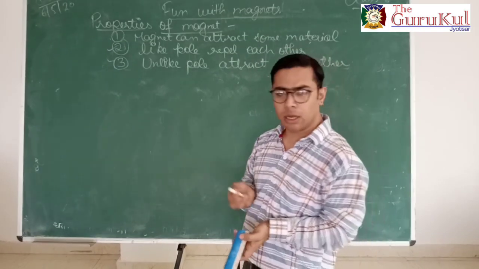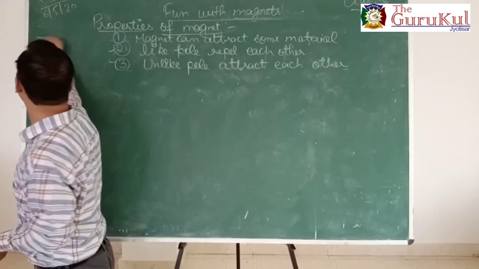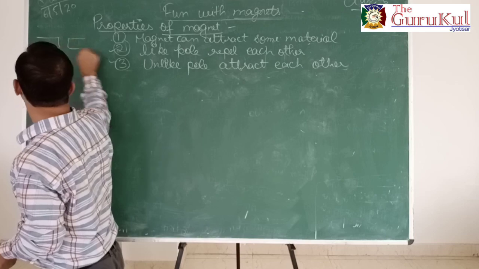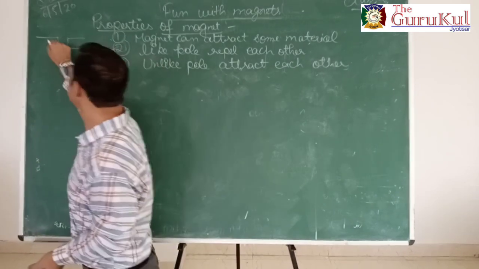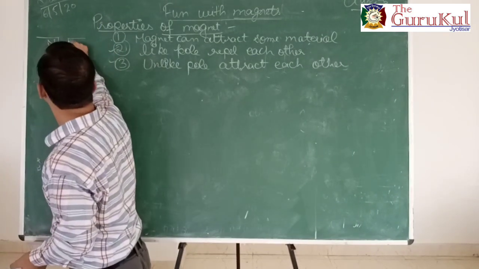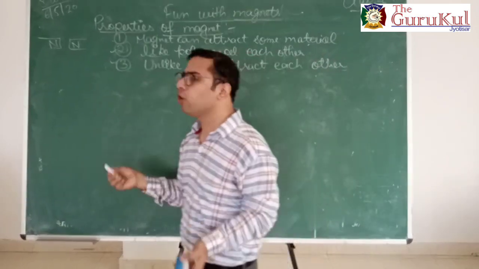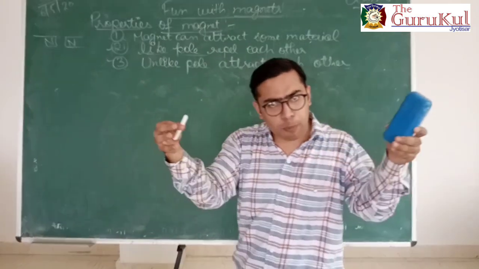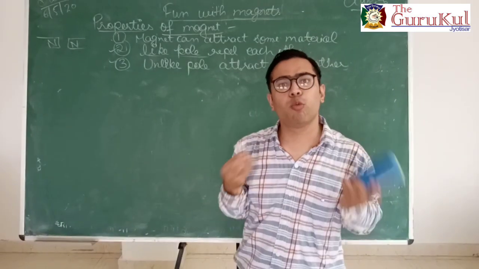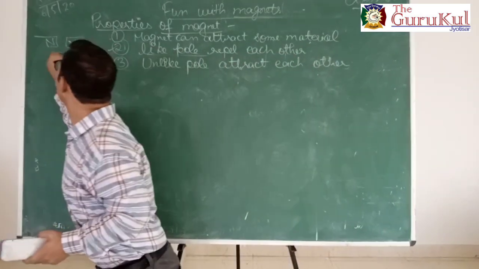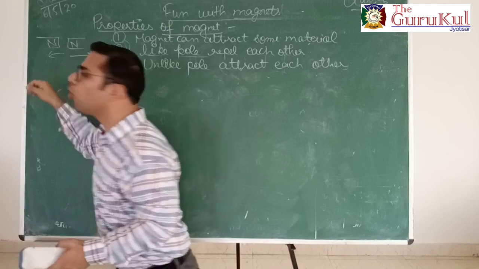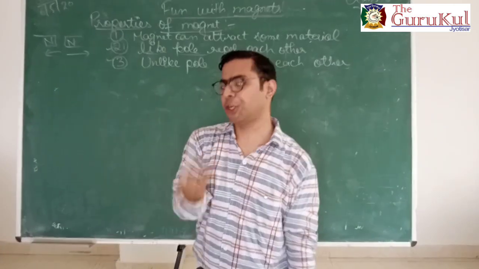For example, if I have two magnets, this is one magnet, it is another magnet. So this is north pole and this is also north pole. So it is like poles. When two like poles are brought near to each other, then what will happen? They will repel each other, so they will go in different directions.